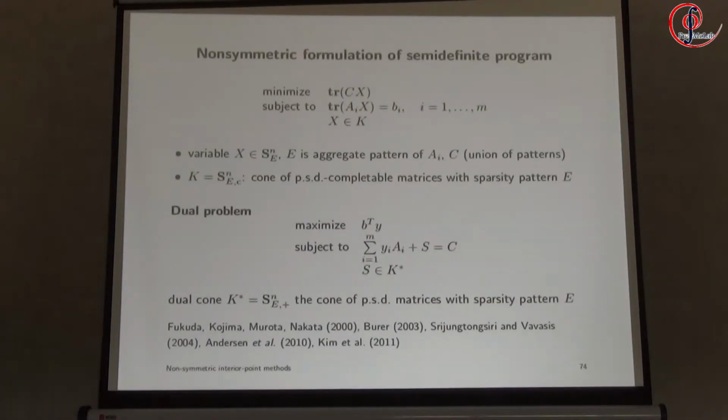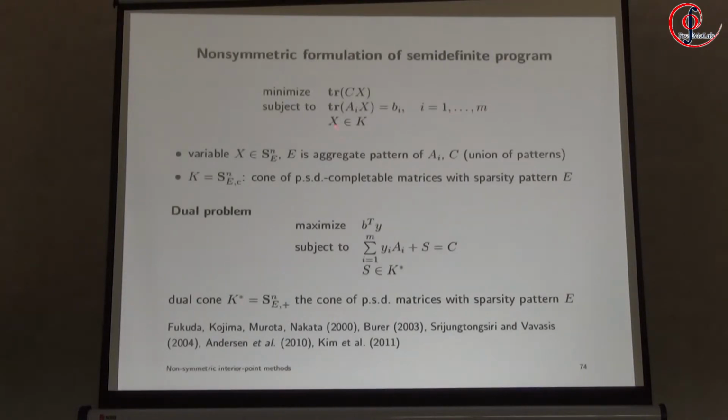We'll formulate the SDP as a problem with a non-symmetric matrix cone constraint. We look at an SDP, we assume that C and A_i are all very sparse matrices, and E is the aggregate sparsity pattern of A_i and C. So it's the union of the sparsity patterns of A_i and C. The edges in the pattern are in positions where at least one of these matrices has a non-zero.